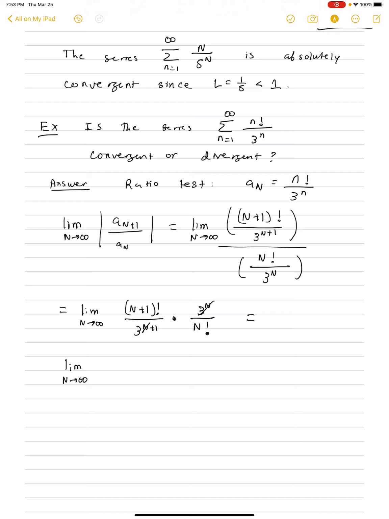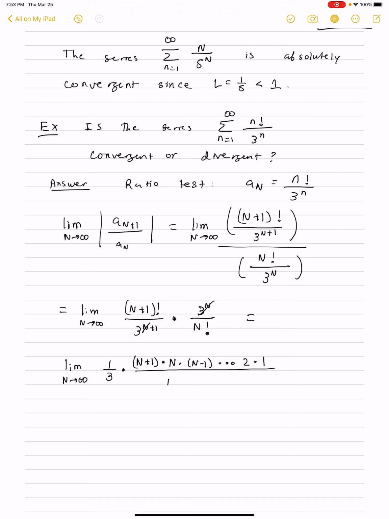Limit as n goes to infinity of 1/3, and in the numerator here, (n+1) factorial just means I take n+1, I multiply it by every term less than it, so the first one less than it is n, then I multiply it by n minus 1, and I keep multiplying it until I get down to 1.